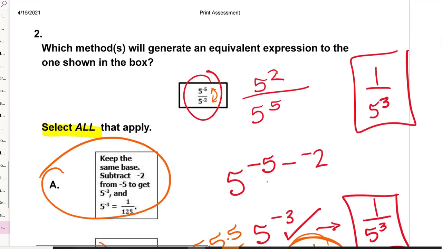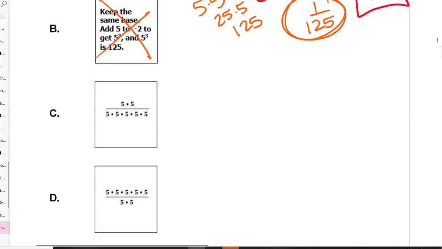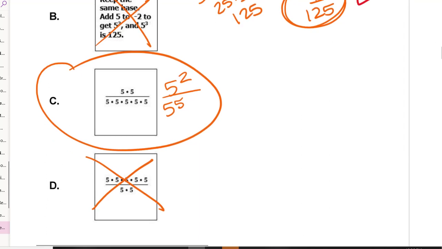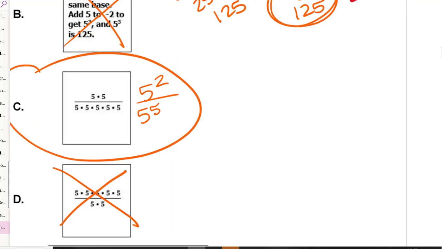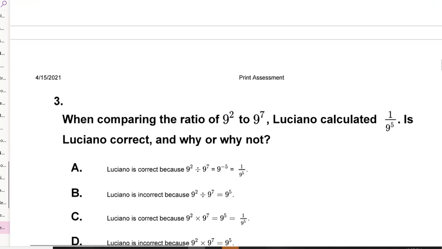Now if I stretched that out, I would get C. 5 to the 2nd here and 5 to the 5th there. So I would also pick C. D is not correct. It's going to give me the whole number 5 to the 3rd, 125, if I evaluated it. So I'm not going to pick D.